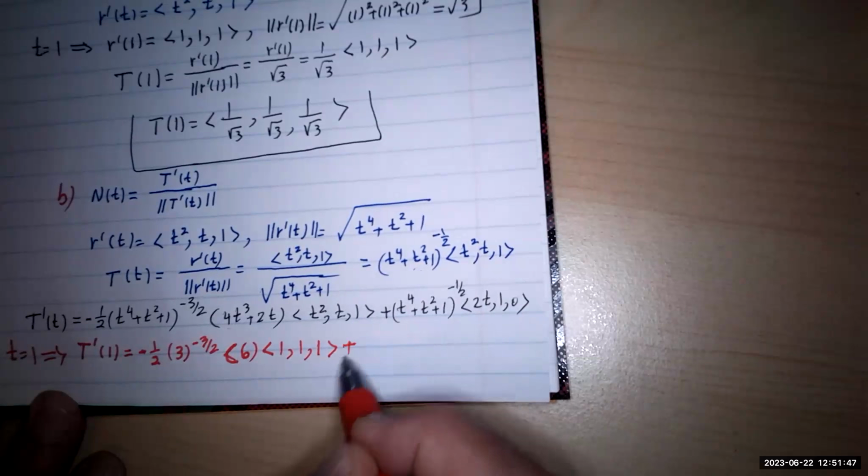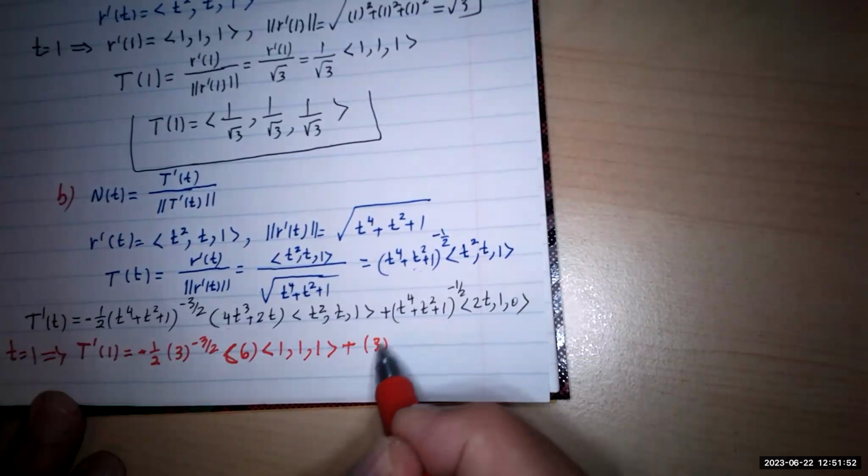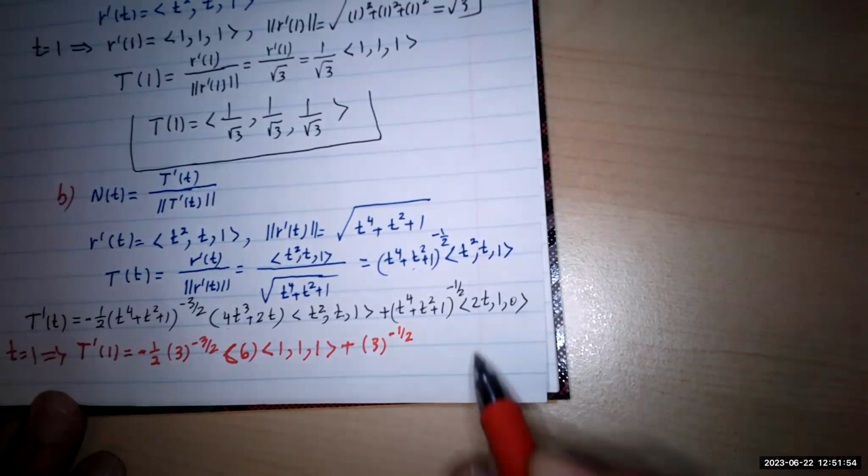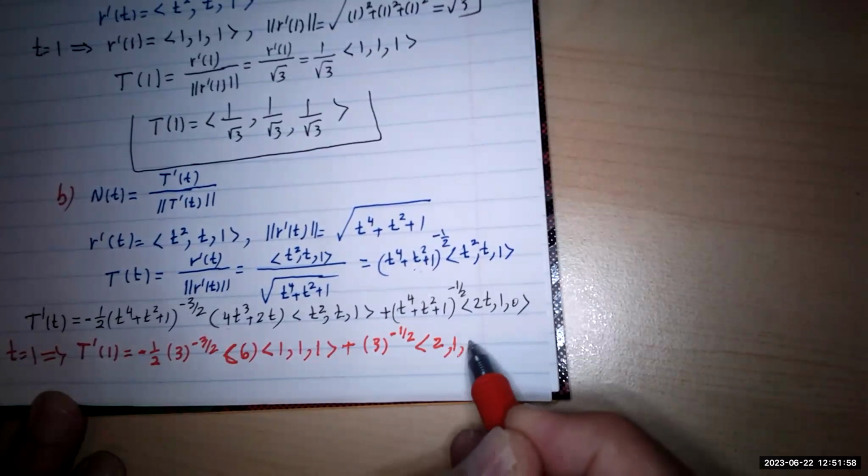Then continue: with 1, that gives you 3 to the negative 1/2, times the vector 2, 1, 0.